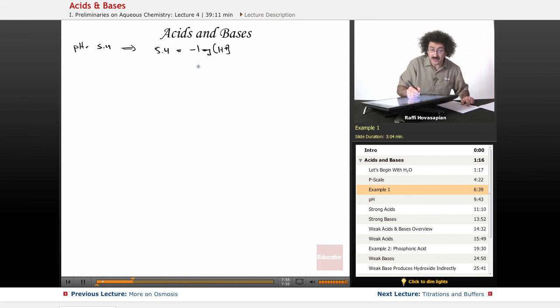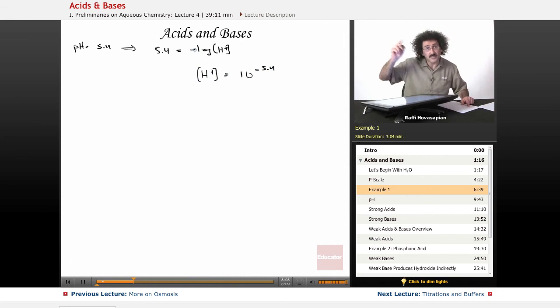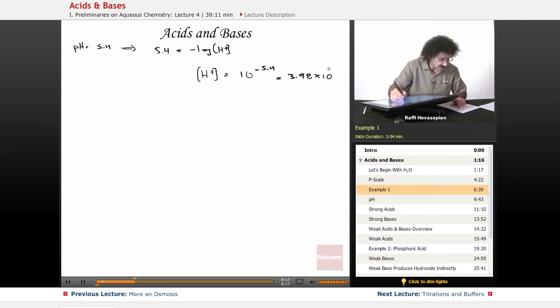So let's go ahead and take the antilog, raise it to the power. That means the hydrogen ion concentration is equal to 10 to the negative 5.4, right? Move the negative sign over, antilog, just take 10 to that particular power. And when we do that, we get 3.98 times 10 to the negative 6 molarity. So the concentration of hydrogen ion in this particular glycine solution is 3.98 times 10 to the negative 6 moles per liter.